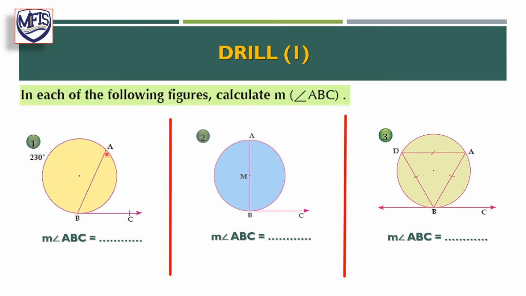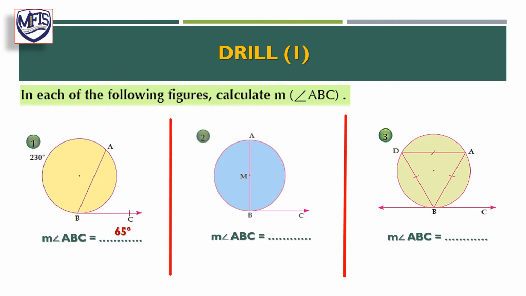Measure of arc AB equals 360, the measure of the circle, minus the measure of the other arc, which is 230. Then measure arc AB equals 130 degrees. Now, measure angle ABC equals half measure arc AB. Half of 130 equals 65 degrees.